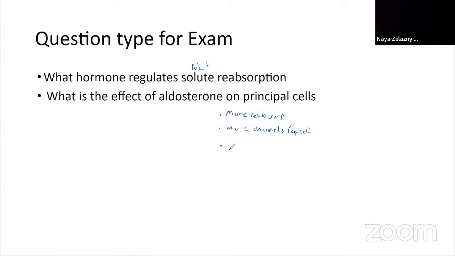And more pumps, so more ATP pumps. More sodium potassium pumps, or ATPase. That protein has a lot of different names. The questions about this are about the overall way that aldosterone is working on these cells.